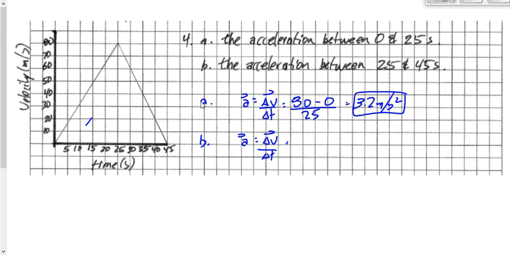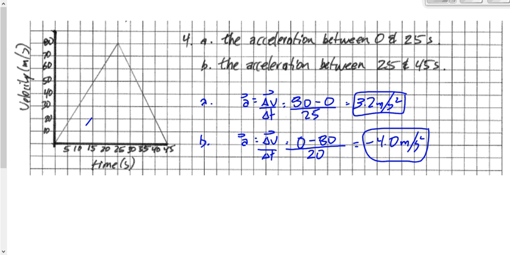We're going from 80 meters per second down to 0, so we're going to say 0 minus 80, divided by my time interval, which is 20 seconds, from 25 to 45. So what do we get? Negative 80 divided by 20 gives me negative 4.0, and that's going to be meters per second squared. Negative tells us that we're slowing down, and 4, we predicted that it would be a value that was a little bit bigger, and sure enough, it was.